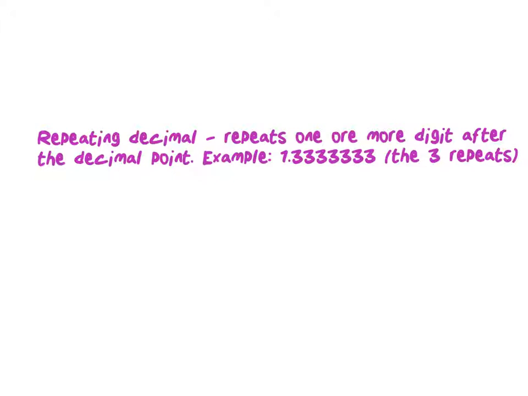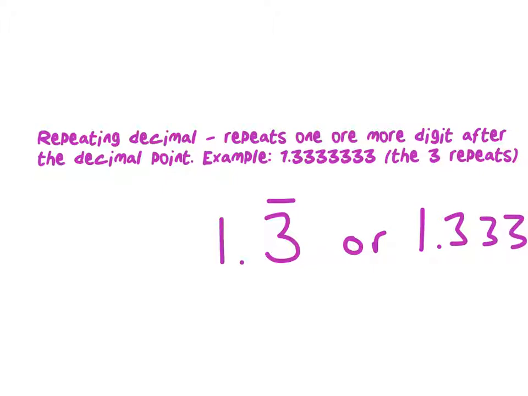Another way that you'll see this written is 1.3 with a line over the 3. What that means is that the 3 repeats, or goes on forever and ever: 1.333, and it would just keep on going. So if you see that line over the top of a number, that's what that means.